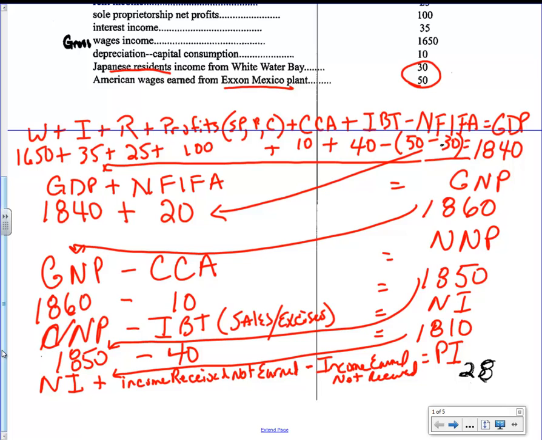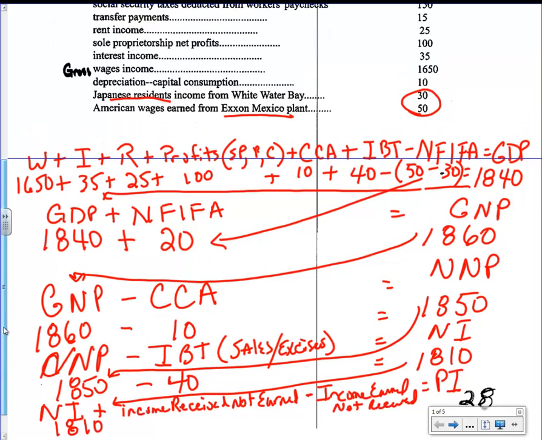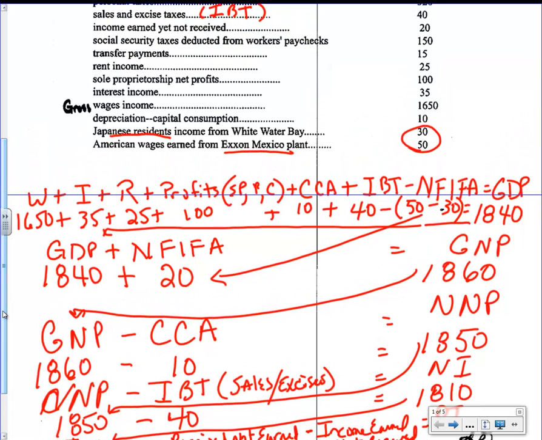With that, let's start with our $1,810. Now, let's go back up at the top. At the top, all transfer payments are income received but not earned.